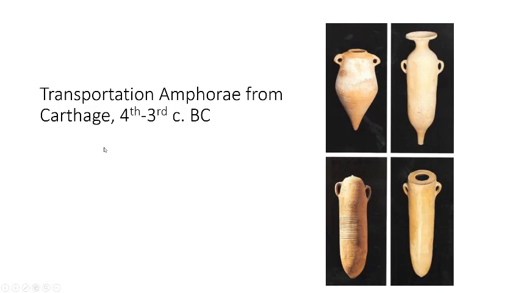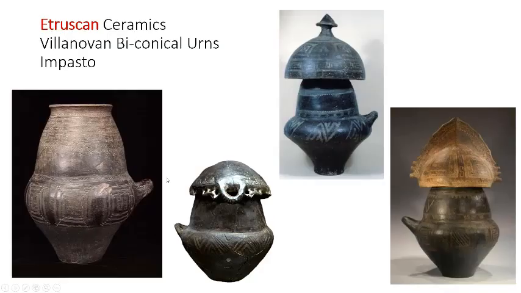And here's an example of transport amphorae, the containers used to transport various fluids, oil, wine, etc., in the Mediterranean. And these four types are all from Carthage and date from the 4th to the 3rd century BC.